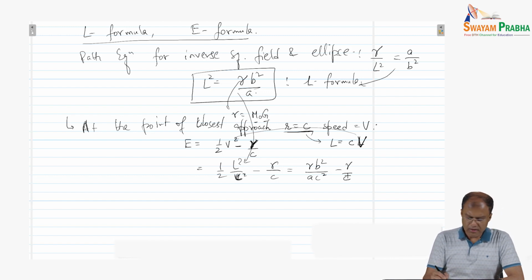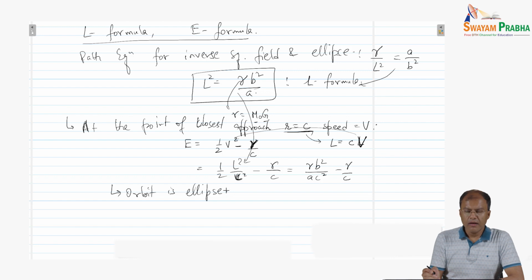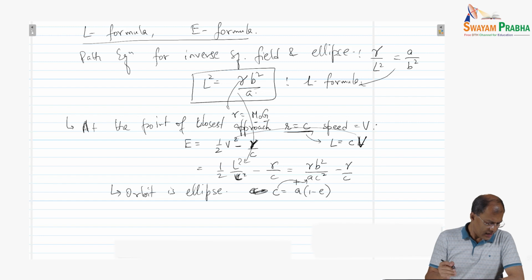Then further we use the fact that the orbit is an ellipse. What this means is that the point of closest approach lies on the semi-minor axis of the ellipse, so c is a times 1 minus e. I can plug it into the equation above, and also my e for the ellipse is 1 minus b square by a square.